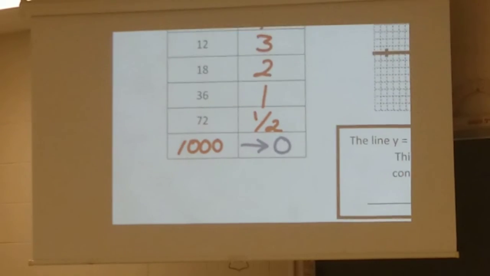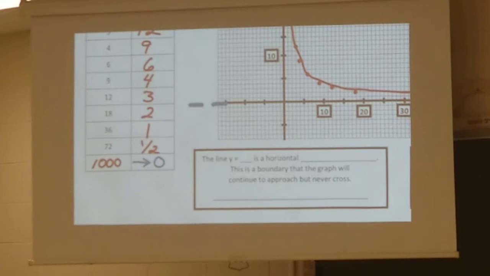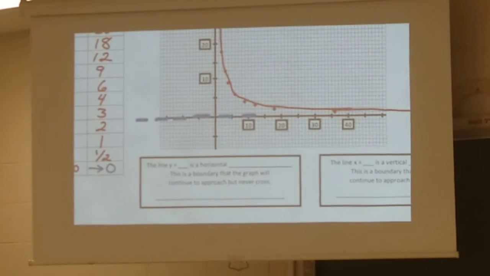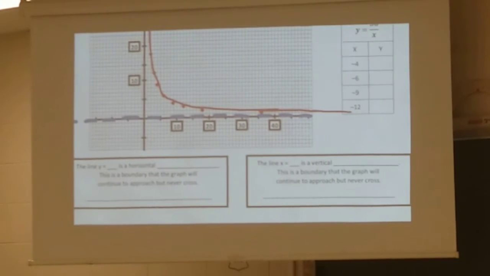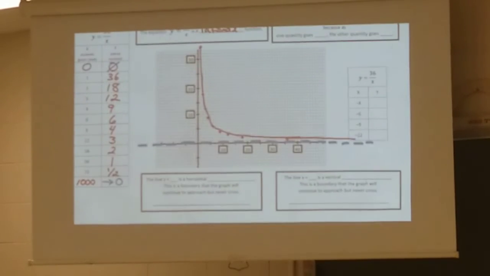In fact, the line y equals 0, which I am trying to show by this dashed blue line, is a special feature on this graph. Now make sure you follow this. This is one of the main reasons we're doing this.